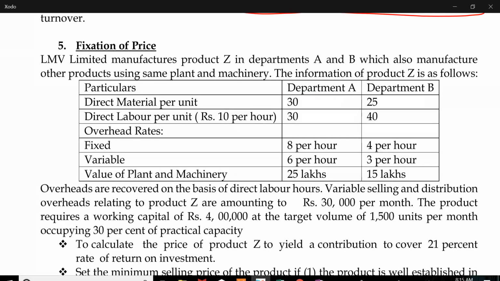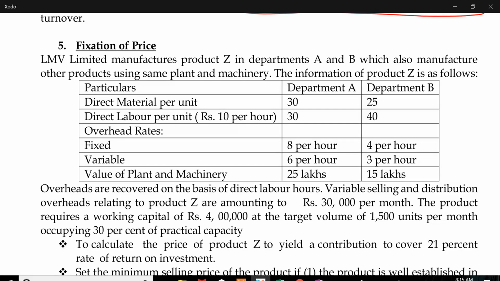LMV Limited manufactures product Z in department A and B, which also manufacture other products using the same plant and machinery. Information of product Z is as follows: direct materials per unit, direct labor per unit, fixed overhead, variable overhead, value of plant and machinery. Overheads are recovered on the basis of DLH.